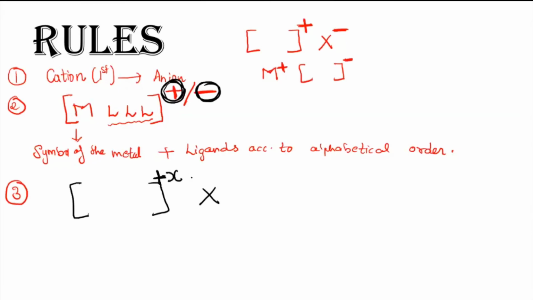Now you have to balance the charge of the coordination sphere and the charge of the counter ion. How are you going to balance? By crossing them, the way you usually do in an inorganic salt, like potassium sulfate.